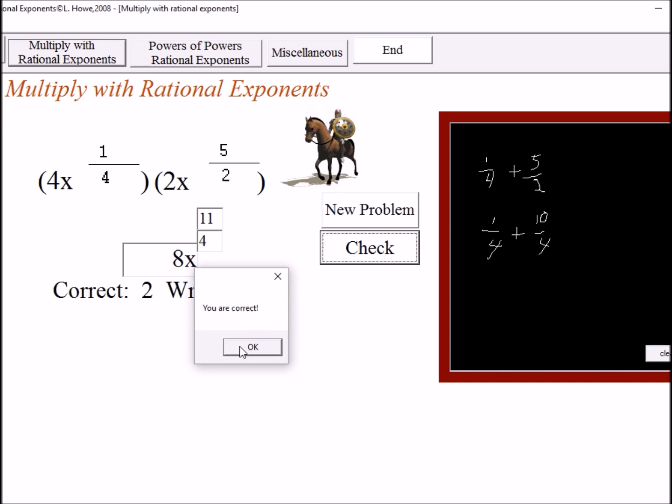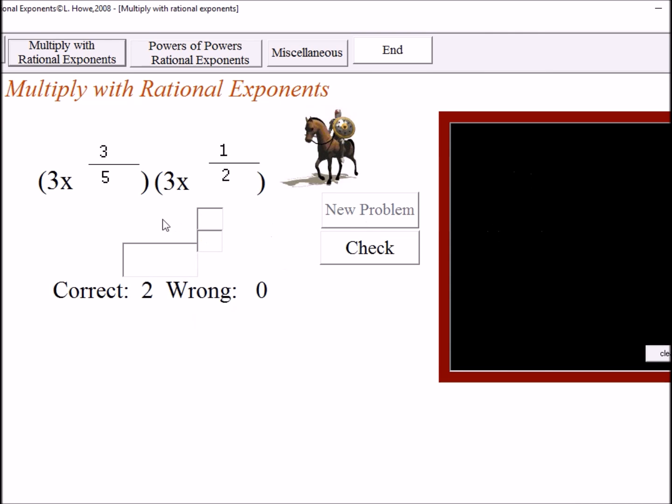Check, we win. One more. 3 times 3 is 9. X. Now we have to add the exponents here. 3/5 and 1/2. We can only add things that are alike, so it looks like the common denominator would be 10. This would be 6/10. This would be 5/10. So it looks like it's 11/10 again. I hope you get the idea.